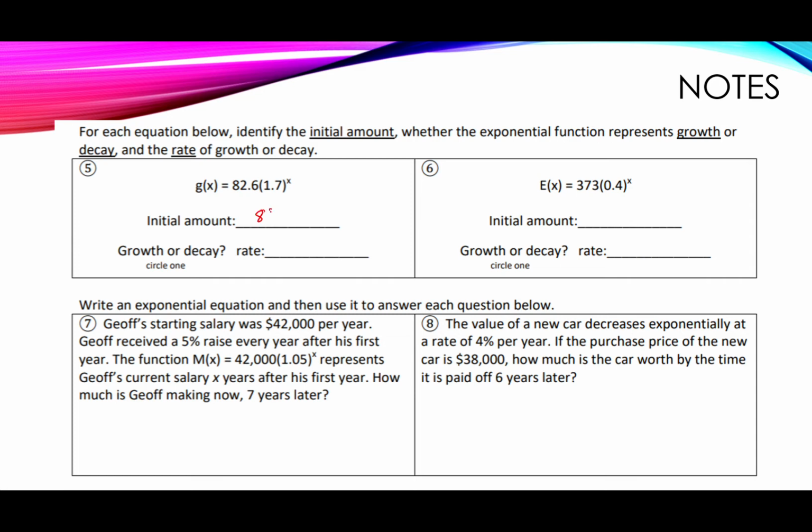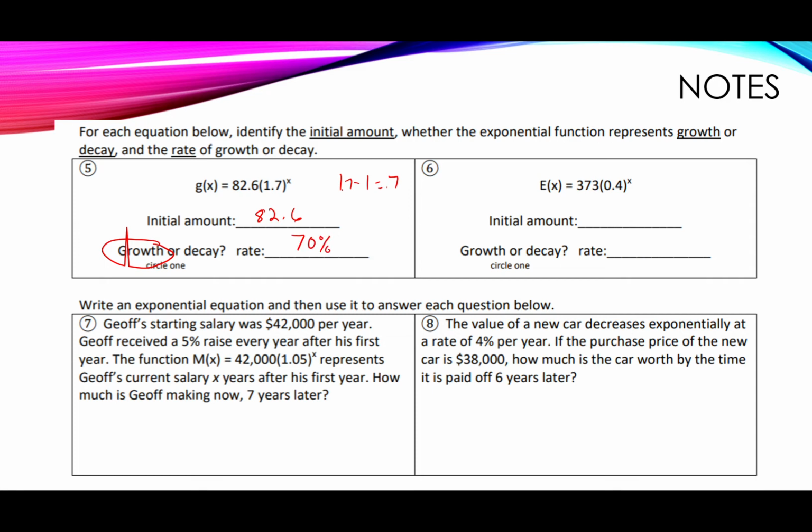It's a, that's 82.6. Is it growing or decaying? Well, if it's above 1, it's growth. If it's below 1, it's decay. So this is growth. And then 1.7 minus 1 equals 0.7, which means it's 70%.